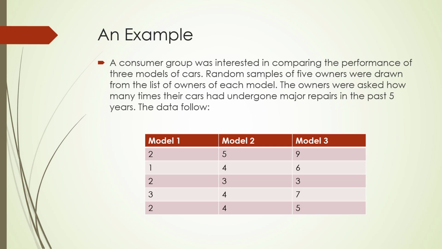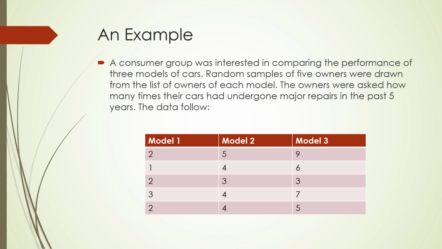Let's use an example to go through the steps. Suppose a consumer advocacy group wants to compare the performance of 3 car models. Random samples of 5 owners are selected from each model, and each owner reports how many times their car required major repairs in the past 5 years.